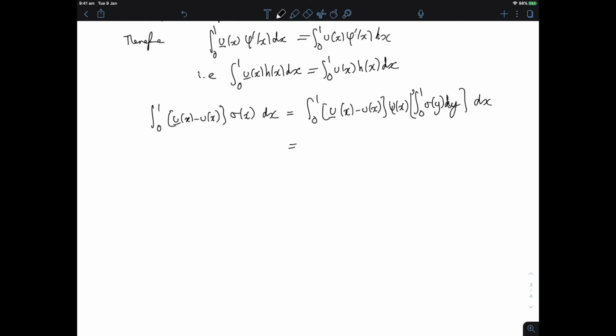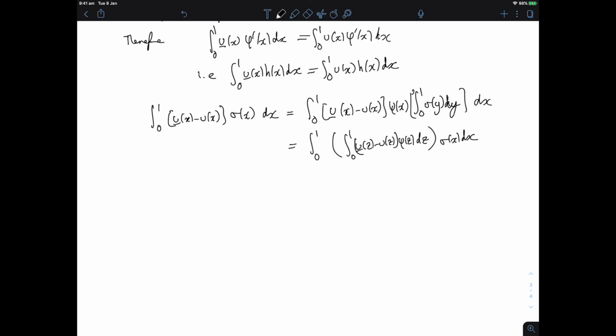And this right hand side I can rewrite, I'll just change the name of the variables. I can rewrite it as the integral from 0 to 1 of v of x dx times this constant, the integral from 0 to 1 of u bar z minus u of z times psi of z dz.